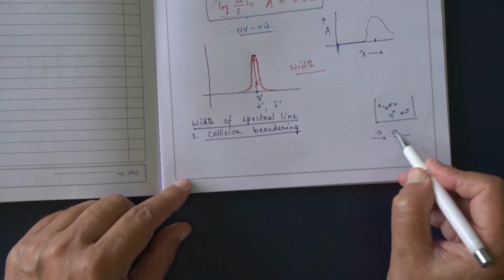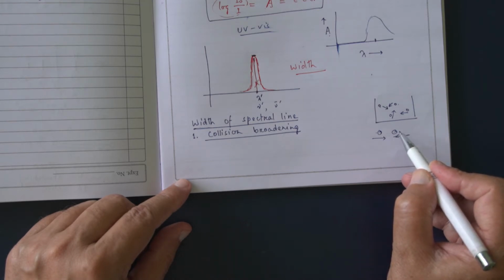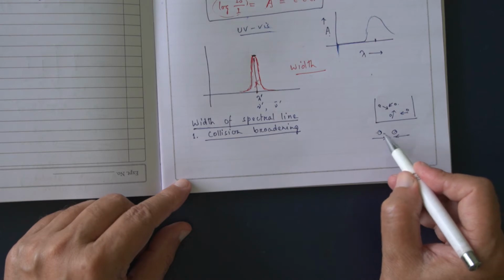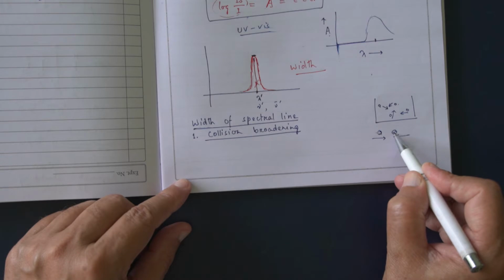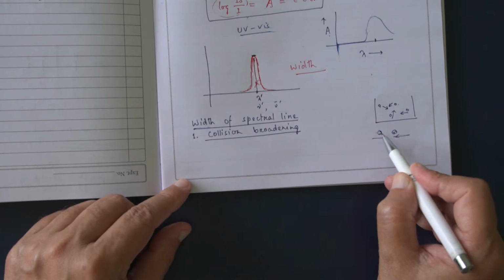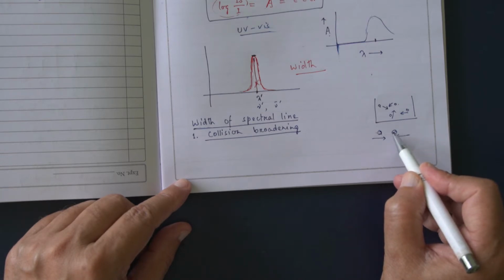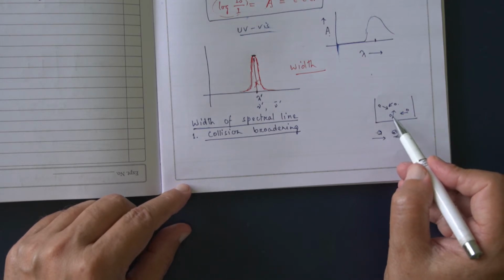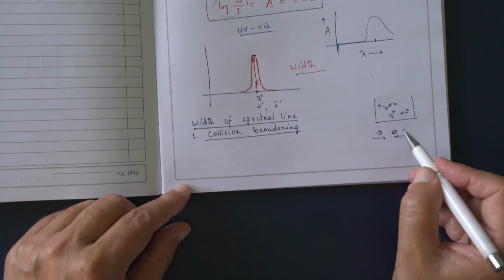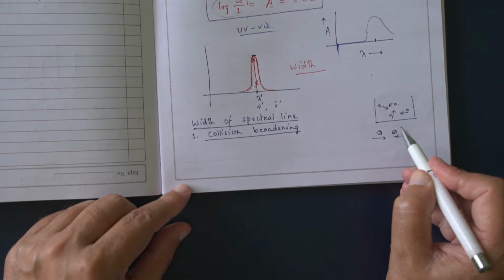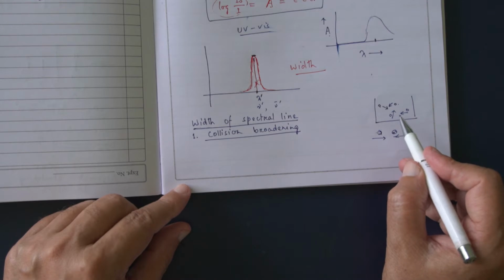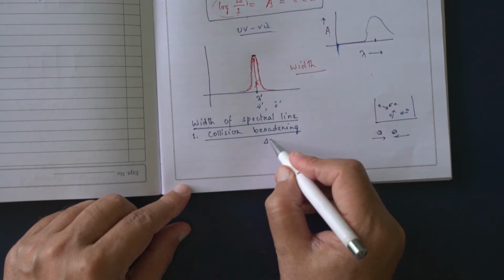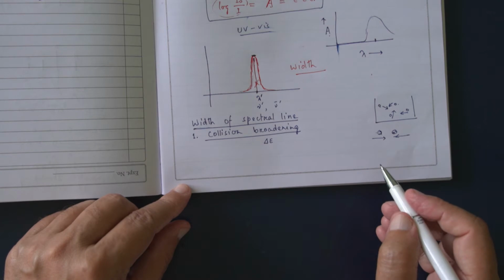When the collision occurs between the two molecules, there may be slight deformation of the molecules, and thus energy is to some extent perturbed. So there is some uncertainty in the energy of the molecule.